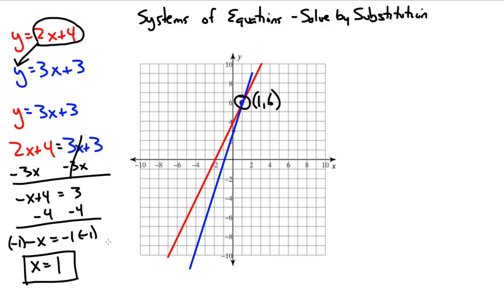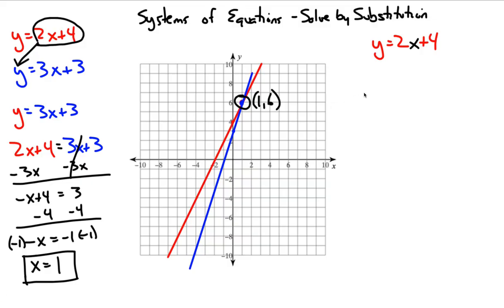Okay? Now, how do I find my y? Well, if I know x equals 1, I can rewrite this top equation. I'll do the red one. y equals 2x plus 4. Well, what is x? x is just 1.